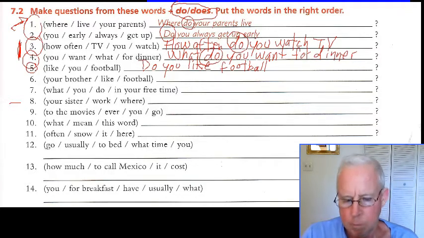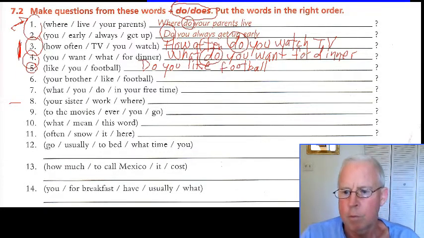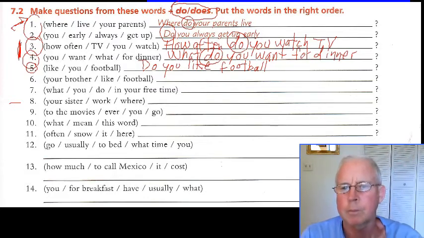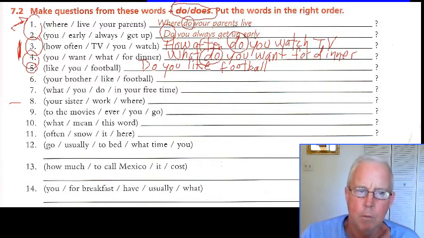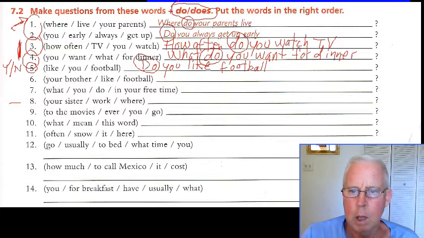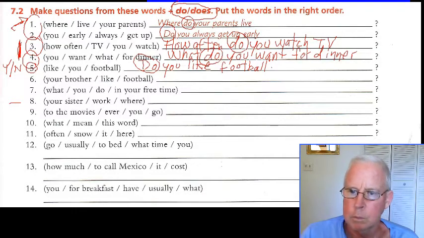That's American football, not European football. That's the one where they throw the ball. So this is a yes/no. Number 5 is a yes/no question. Do you like football? Answer, no or yes.